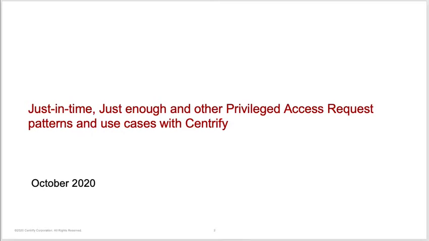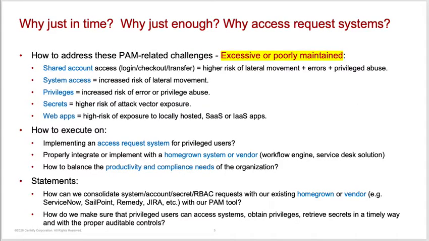We need to understand that many organizations have challenges around excessive and poorly maintained shared accounts. Shared accounts are typically used for login if the system is online, and for break glass checkout if the system is offline and broken. There are other patterns like file transfer, but too many shared accounts with too much power, and not having control over passwords, policies, and access control to those accounts, implies higher risk of lateral movement, user error, and even privilege abuse.